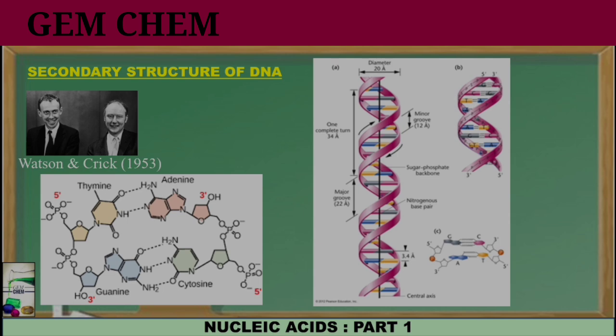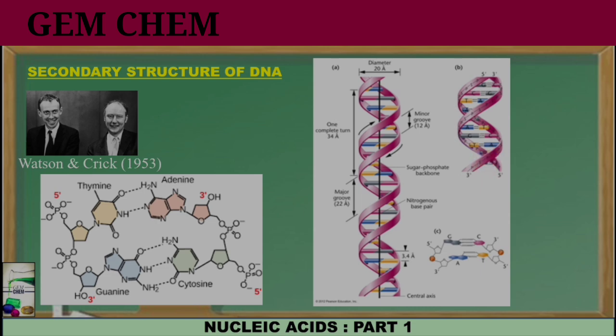The two polynucleotide chains are not identical, they are complementary to each other because the bases attach in complementary pairs, and the two strands are held together by hydrogen bonds formed by these complementary base pairs. So how is this formed? A hydrogen bond is formed between a purine and a pyrimidine only.